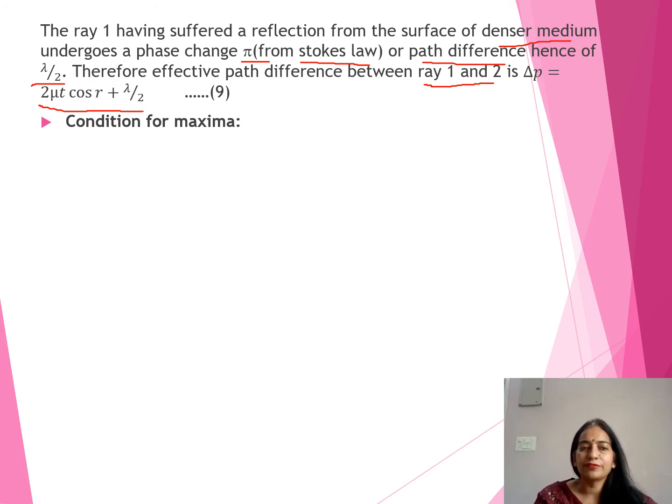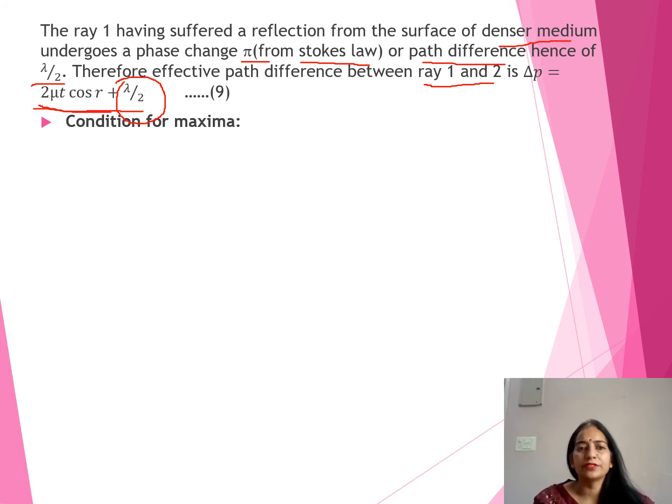This is the main difference between interference due to reflected light and interference due to transmitted light. In interference due to reflected light, the additional path difference, lambda by 2, is added or subtracted. In transmitted light, the path difference remains the same as we calculated.